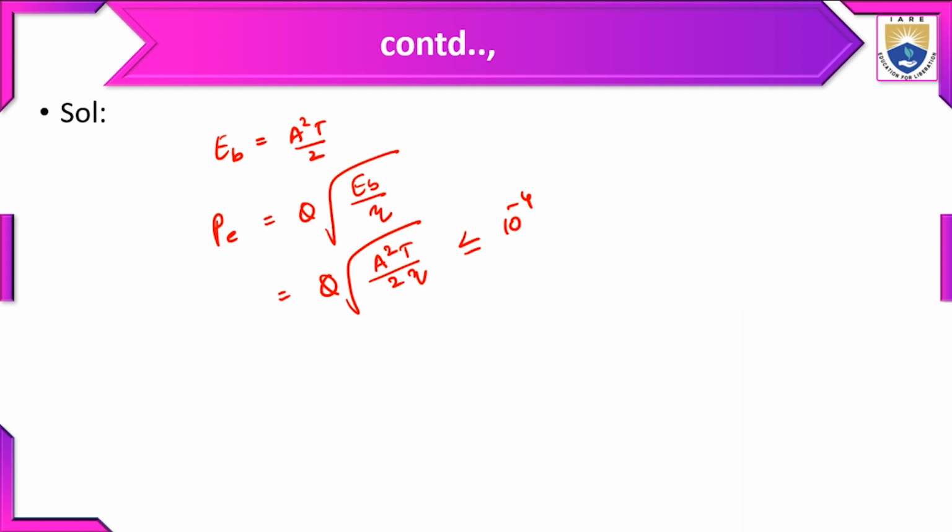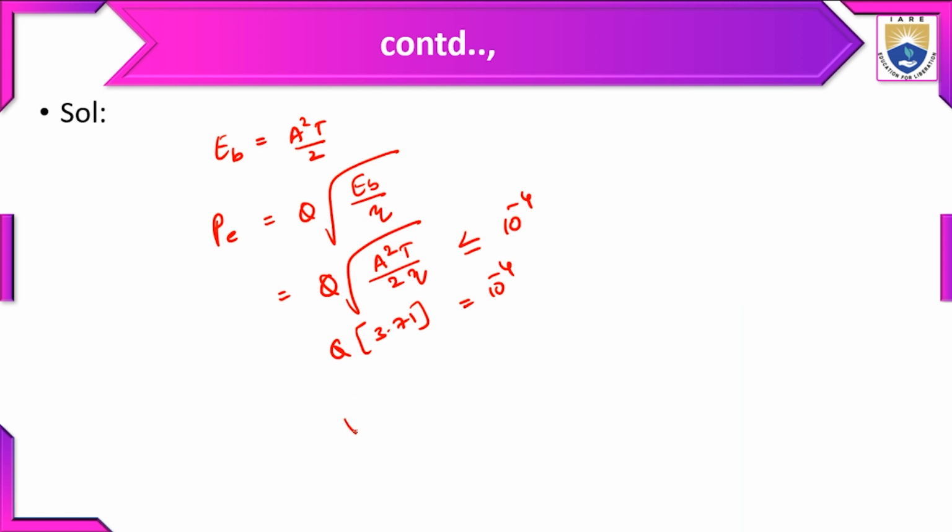So from the Q table, or you can call it error complementary function, in some textbooks they use it as error complementary function. Okay, no problem. So from the Q table, Q of 3.71, you substitute all the values. That value is 3.71, and this is equal to 10 to the power of minus 4.